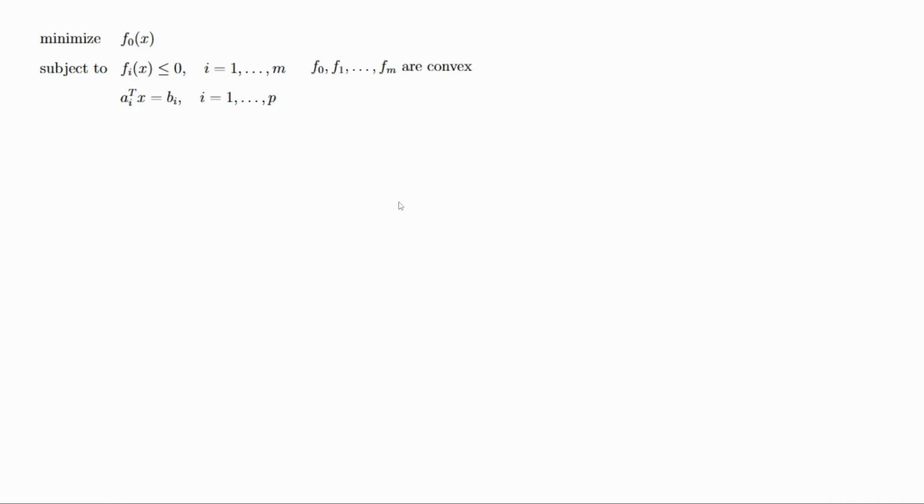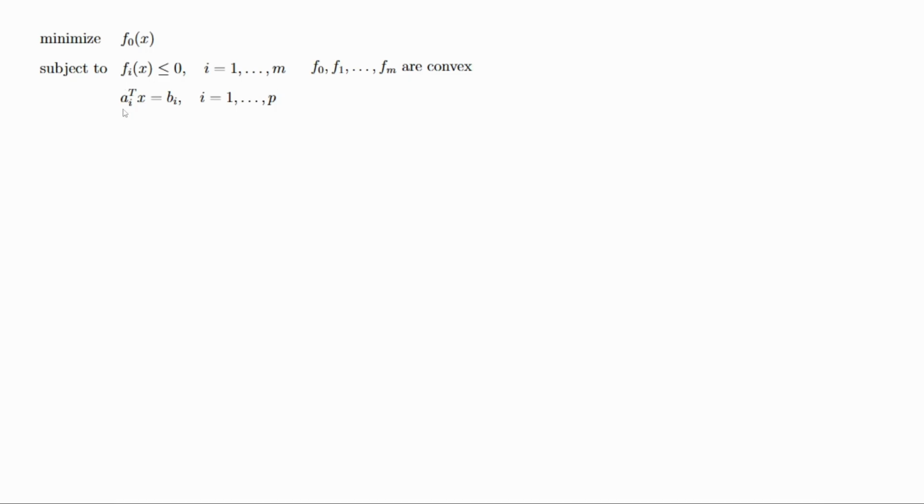The first difference is that f of 0, or the objective function, must be a convex function. Also, the inequality constraints must also be convex. Lastly, the equality constraints must be affine.